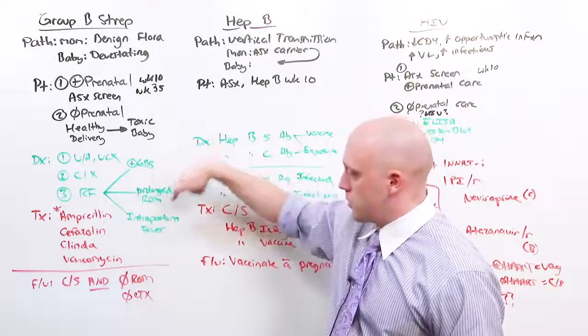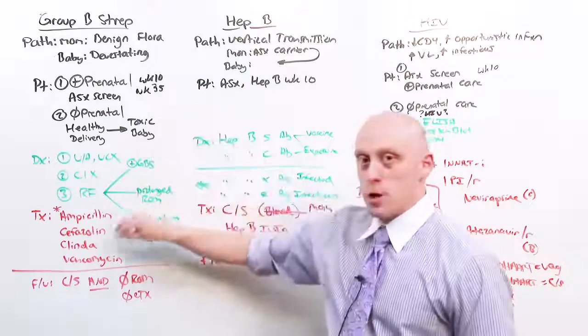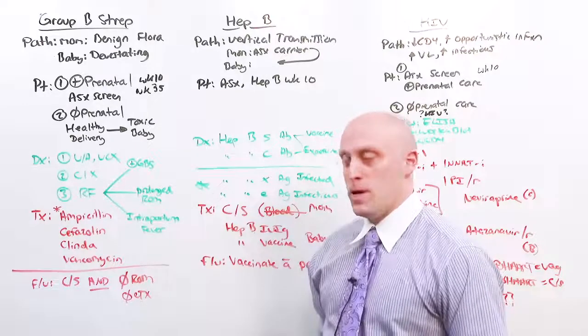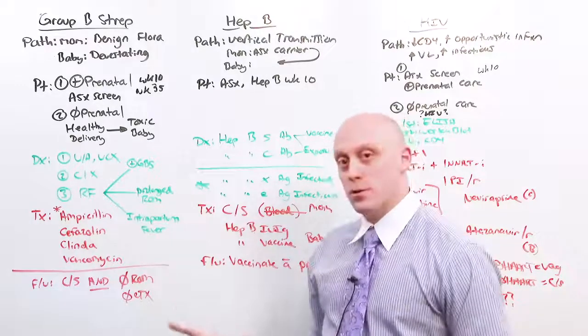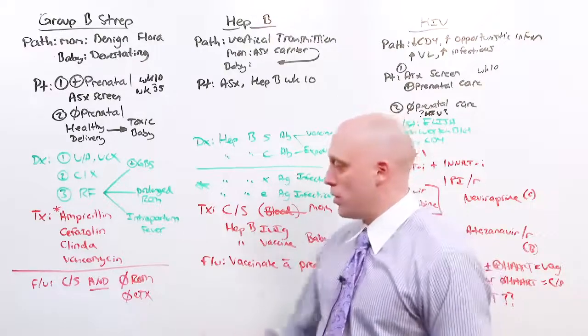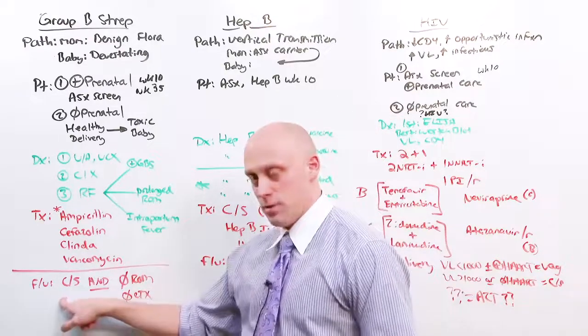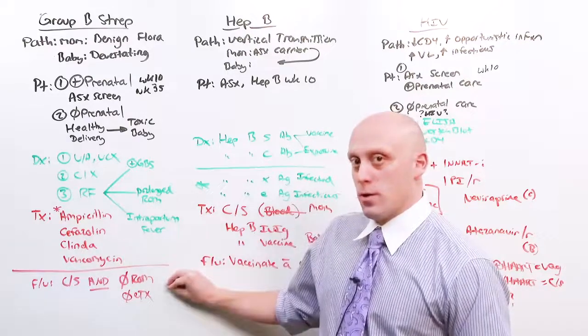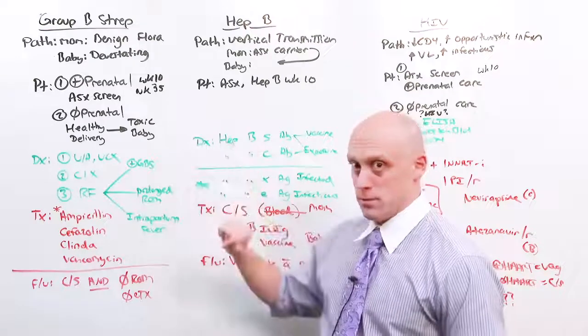Prolonged rupture of membranes, intrapartum fever, you treat intrapartum. The only time you don't treat intrapartum is if you've never been group B strep positive and you have normal delivery, or you have a planned C-section and there's been no rupture of membranes or the onset of labor, even if she's screened positive.